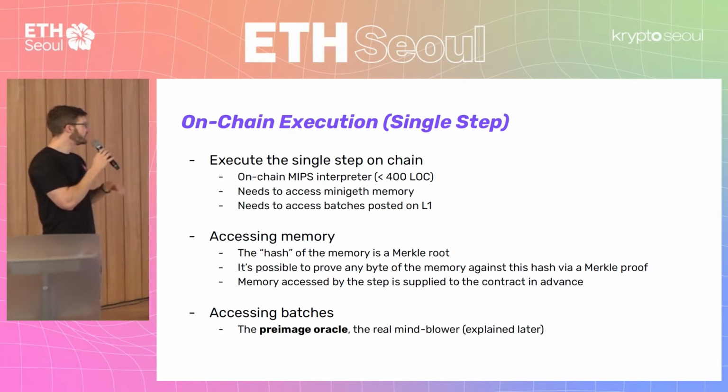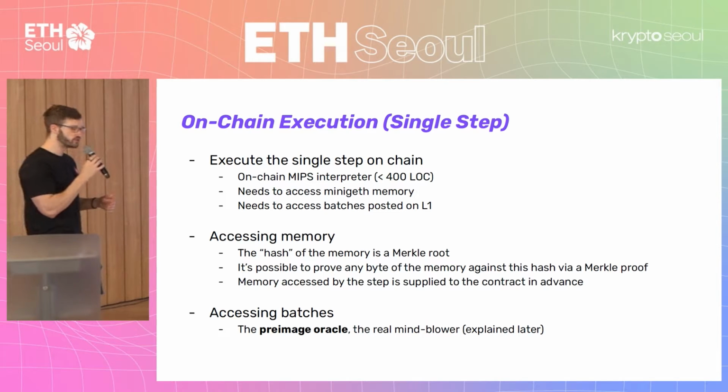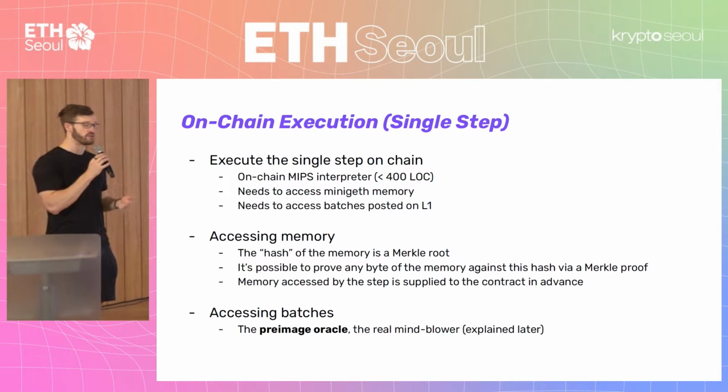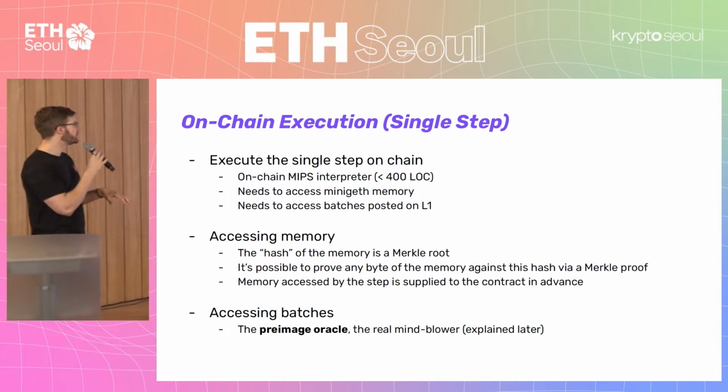A Merkle root is a tree structure made of many hashes, and the property of it is that you can say, well, this byte is this value, and you can submit a proof that you can verify on-chain. And a single MIPS instruction is not going to touch a lot of memory spots, maybe 2 or 3 at most. And so you only need to provide 3 of these proofs, which are relatively small, to be able to execute the instruction.